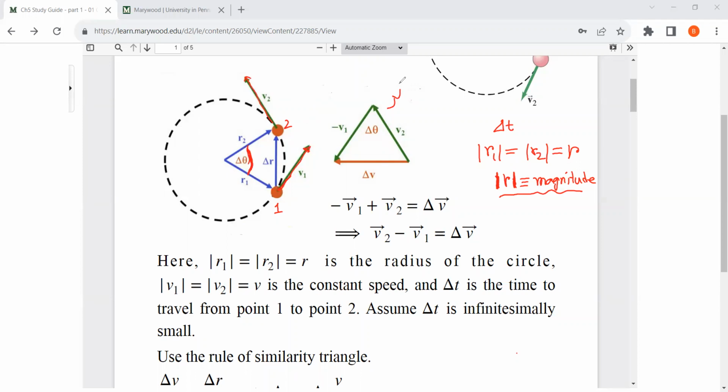You see that the direction of v2 is this one, so we don't change it. And the direction of v1 was this one, right?